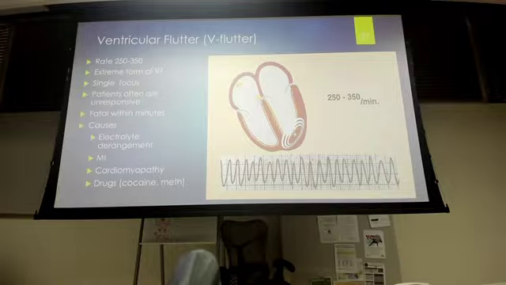Right, so MI, cardiomyopathy can cause this, drugs, cocaine. I tell people, I don't do drugs. I'm not interested in doing drugs. But if you do drugs, don't do cocaine. Cocaine's bad for the heart. The heart can't withstand cocaine. So do something else.